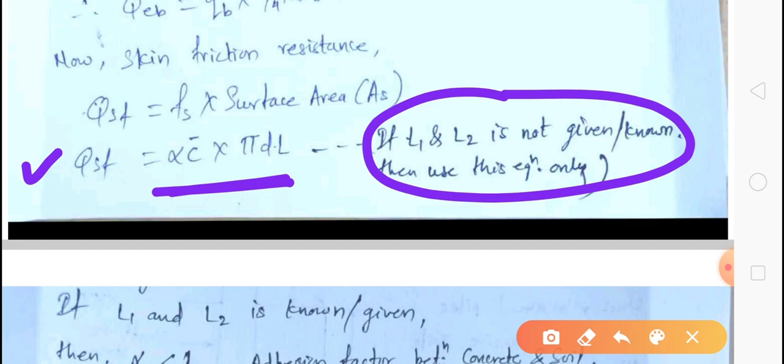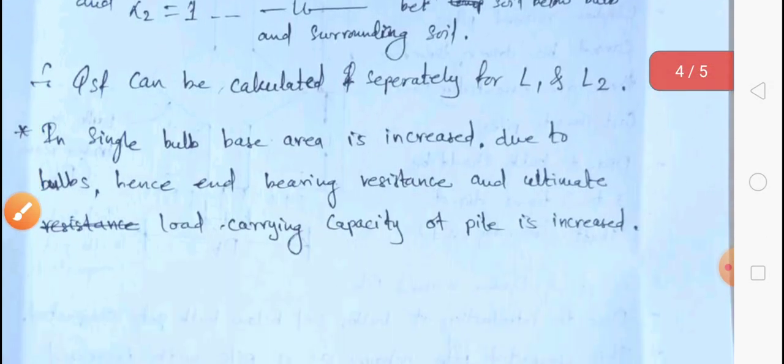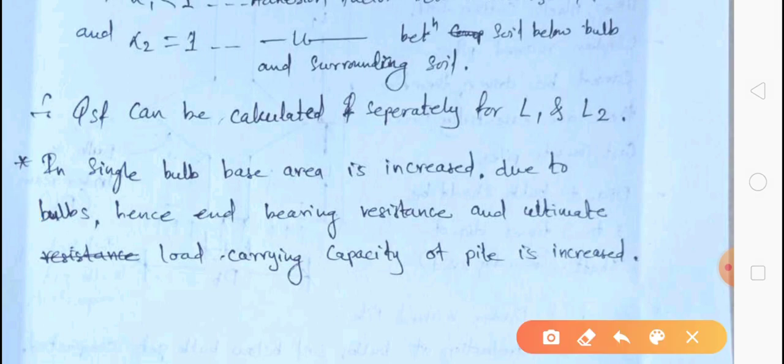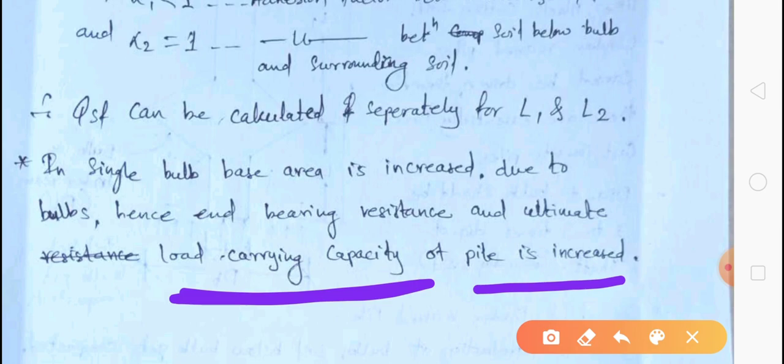Now with L1 and L2, this QSF can be modified and it will increase. In a single bulb, the base area is increased due to the bulb, hence the end bearing resistance and ultimate load carrying capacity of the pile is increased.